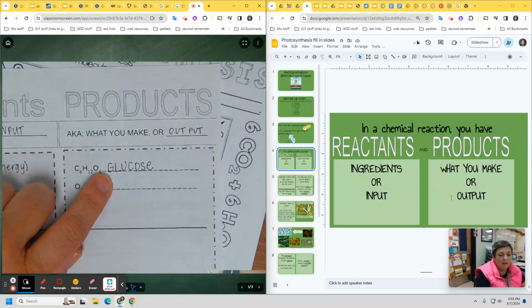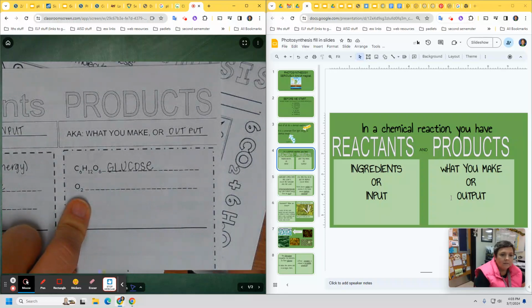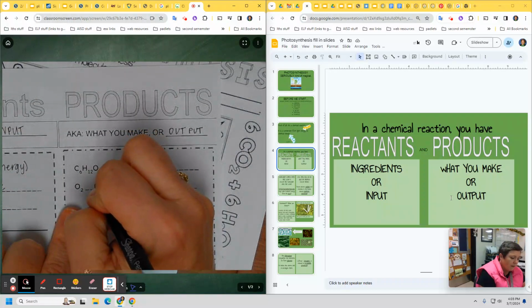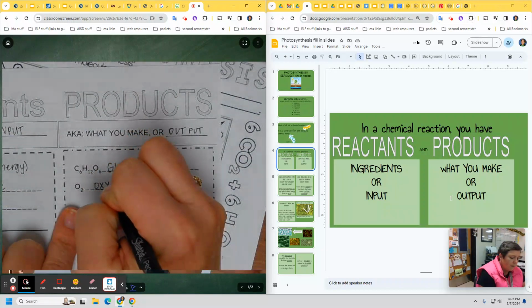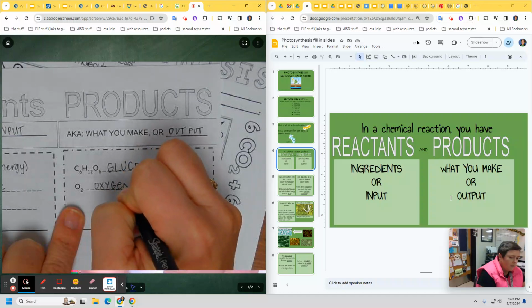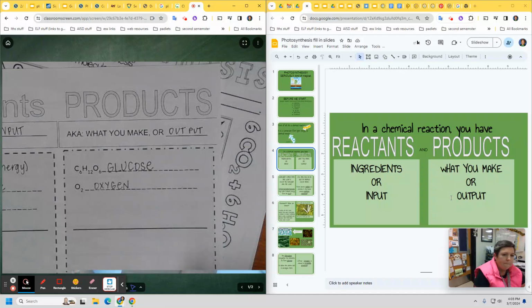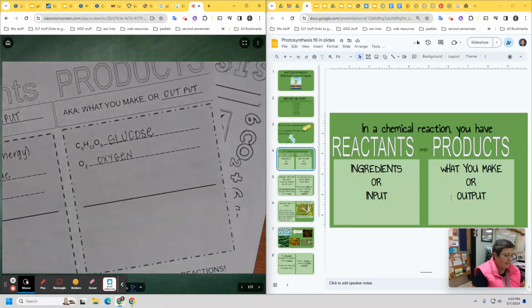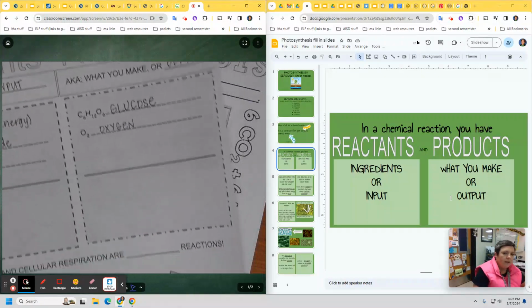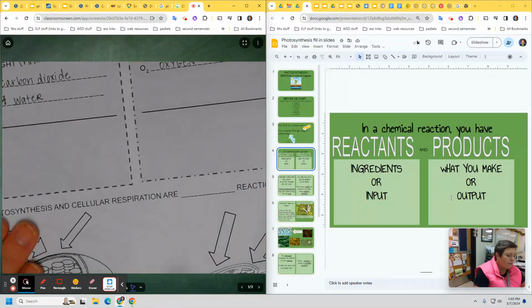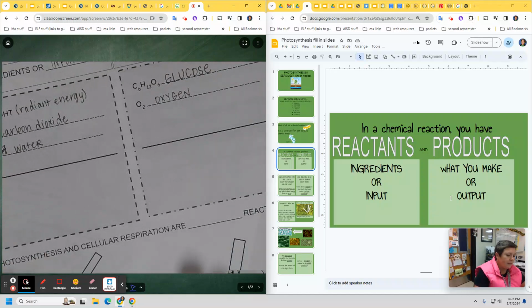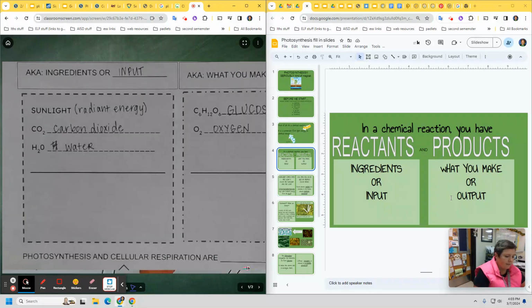Also known as what animals need to survive, and oxygen. Also known as the other thing that animals need to survive. Okay, so this is what comes in and this is what comes out. So this is in photosynthesis, okay?